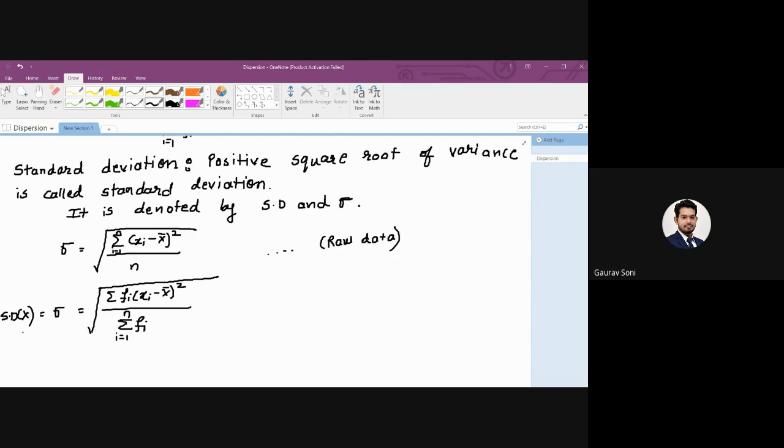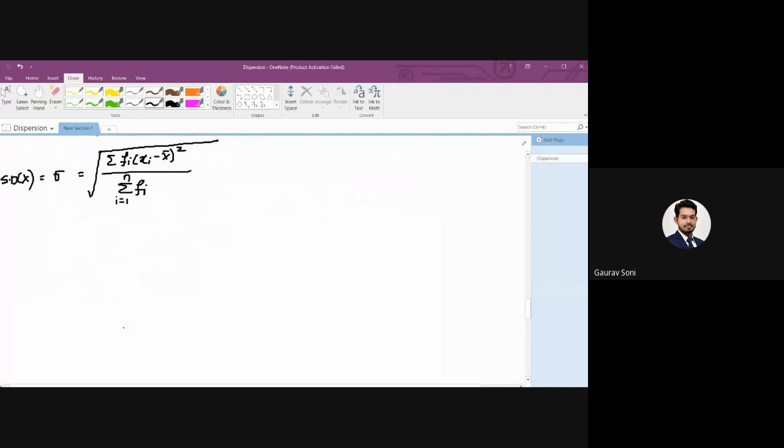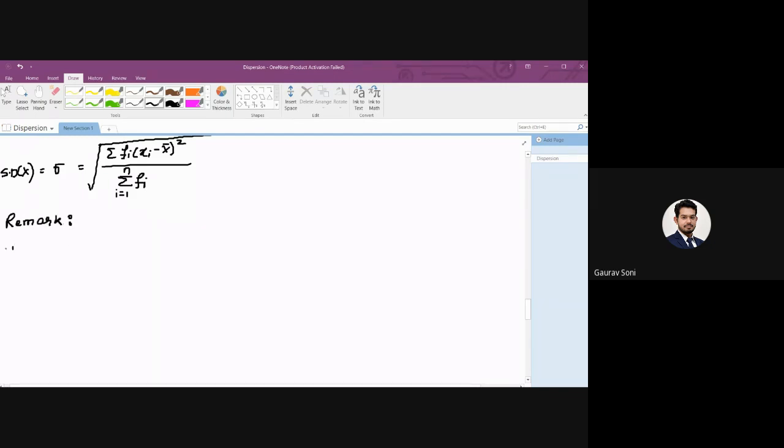But this can be further simplified. How it can be simplified, I'll write this down as a remark here. I'll take the first one, the formula for the raw data. For raw data, sigma square is summation xi minus x bar whole square divided by n, i running from 1 to n.